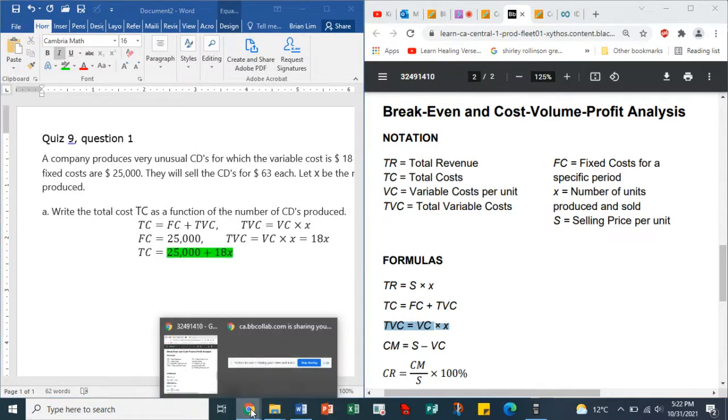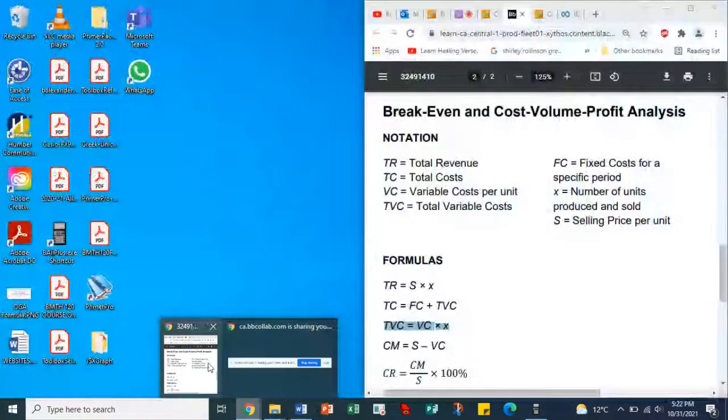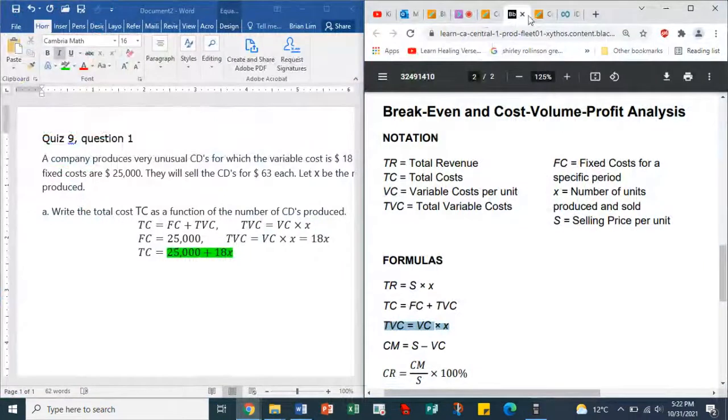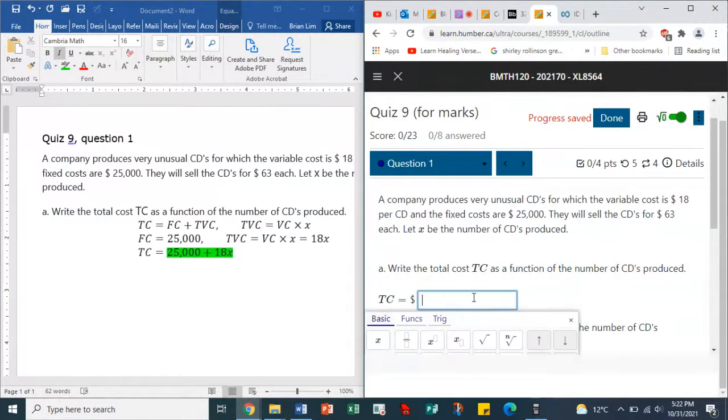Let's go back to the question now. The question is right in here. The answer in here would be 25,000 plus 18x.